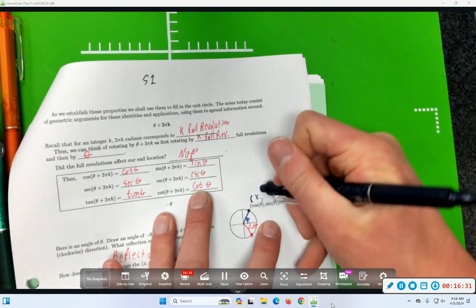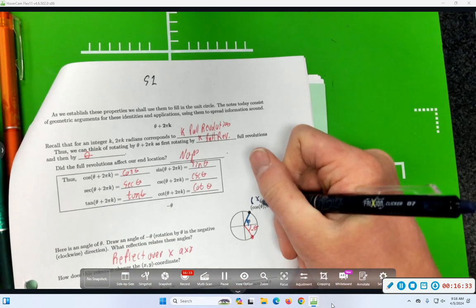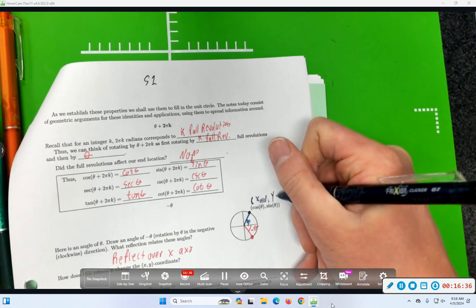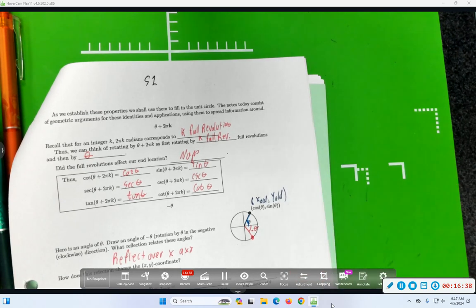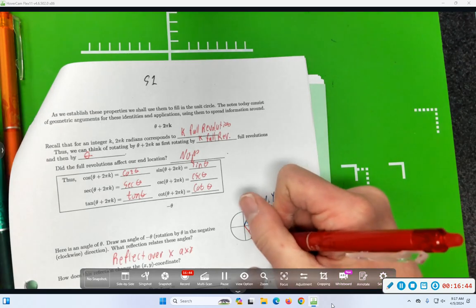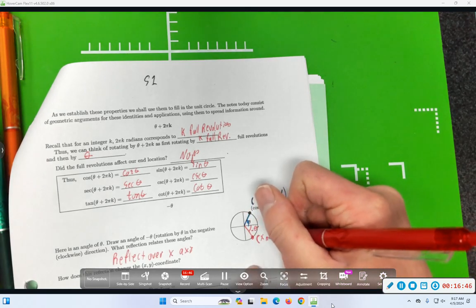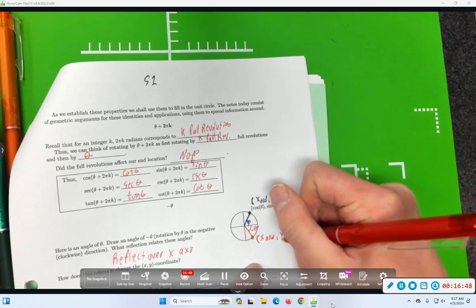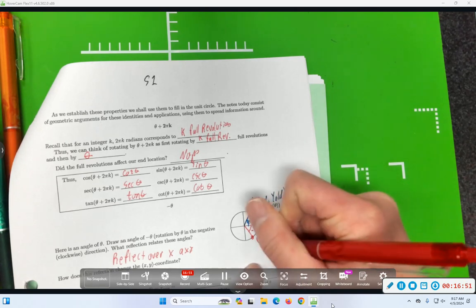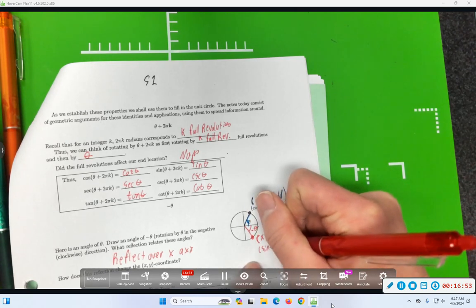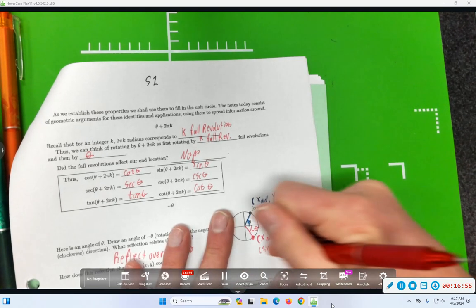And there are 2 different types of x, y coordinates right now. So maybe I'll call one's cosine, comma sine, x old and y old. This new point, I'll label it as x new, y new. Of course, I could just label it as cosine negative theta, sine negative theta.